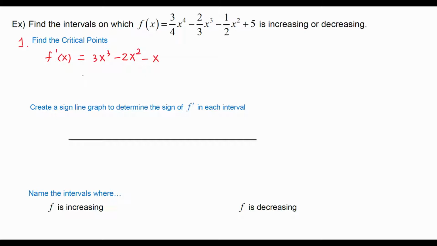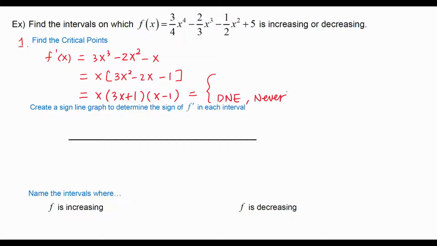So let's factor it. I have a common factor x, so I'm going to pull that out. And then I get 3x squared minus 2x minus 1. Now, this factors more as x times 3x plus 1 times x minus 1. And this is never undefined.